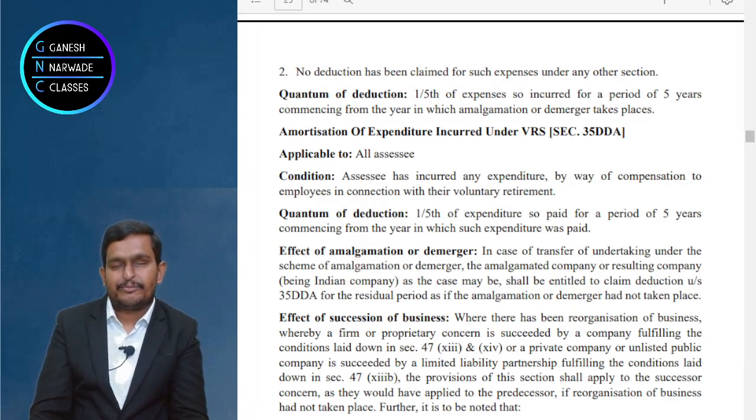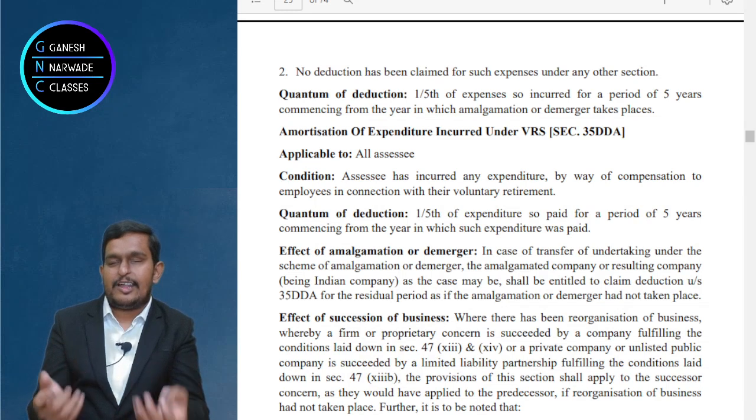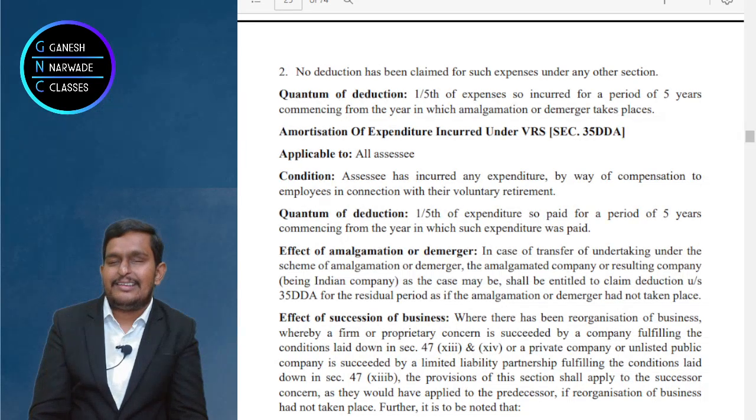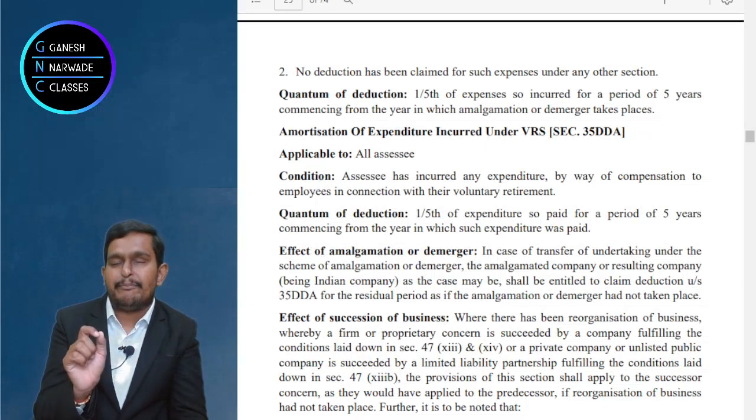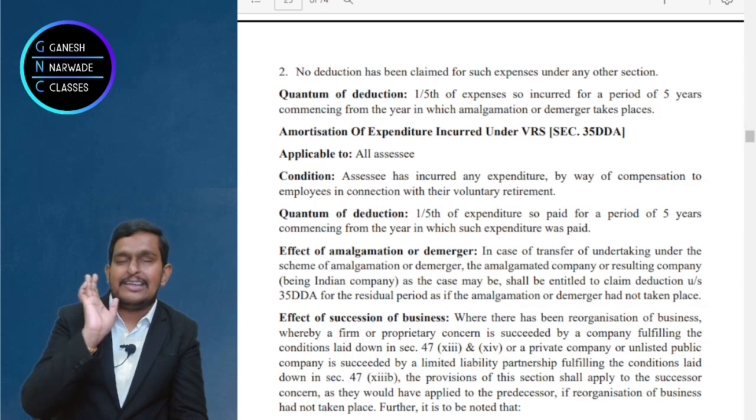That's it. Okay. Now, suppose example, sir, if our firm amalgamates, then what to do? Arey, why you are worrying? If your firm amalgamates, then the new organization will get deduction, old will not get. That's it. Sir, in the year of amalgamation, also, the amalgamating company, an old company, will not get deduction, because amalgamated company, that is new company, will get the deduction.